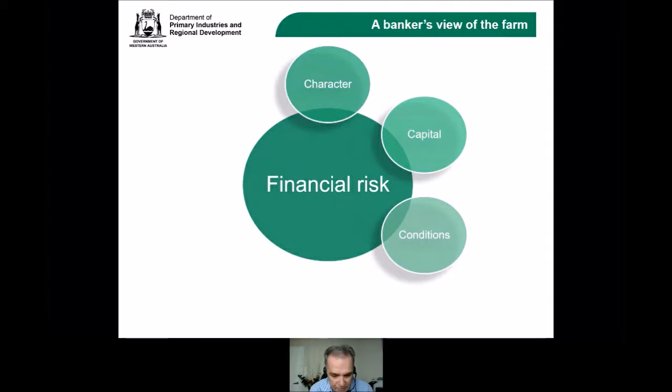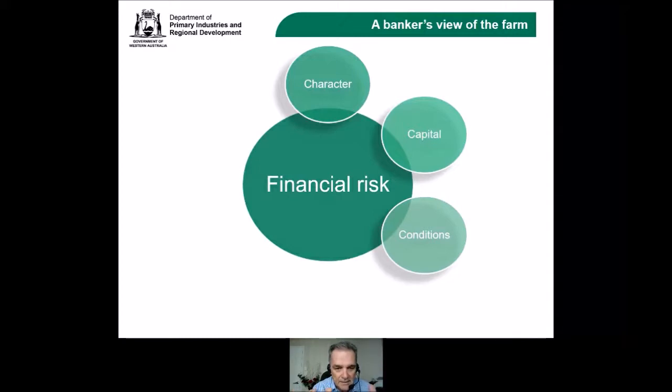The more you can get good at presenting quality financial information, maybe using some of those ranges and good assumptions and justifying the decisions and the amounts that you've put into your financial projections, then the more comfortable the bank will actually get.